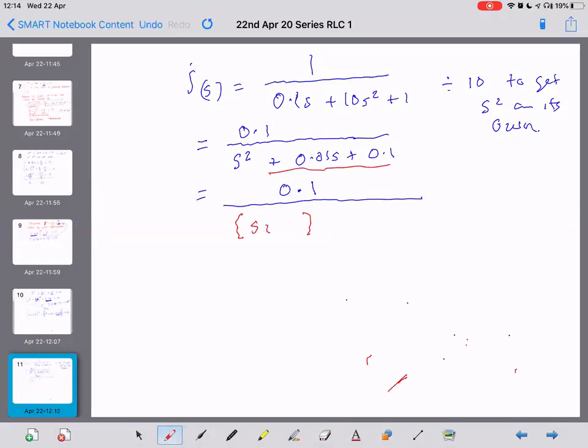So that's going to be plus 0.005, all squared. And then the number in here will be 0.1 minus 0.005 squared.